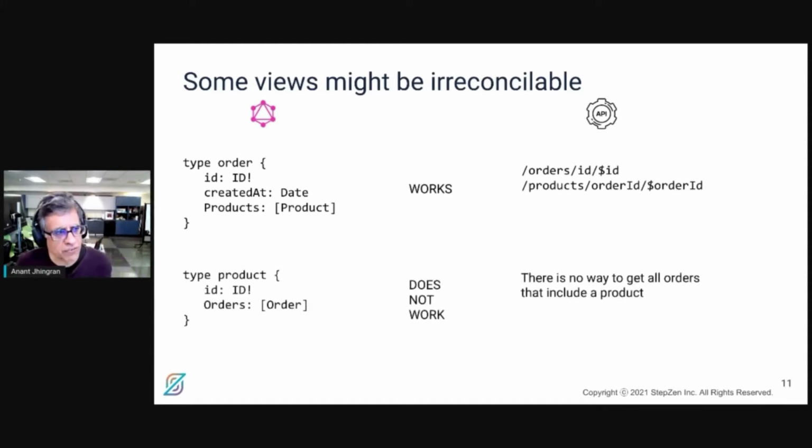But if you want to create a GraphQL API that generates the list of orders for a particular product, for example if a product is going to get recalled, delayed, or discontinued, this particular query may actually be unimplementable in the world of REST, because there's no way to go from product to orders. There's only a way to go from orders to product. So here's an example where starting from the consumer view, you may end up with an unimplementable perspective on the backend.